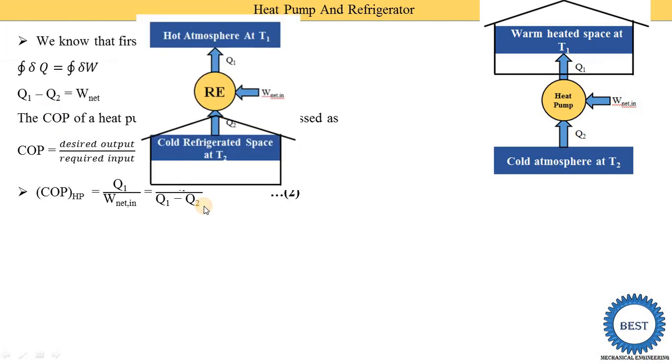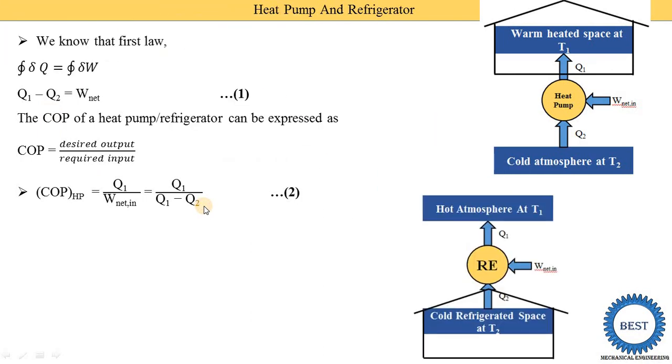Next we find the equation for the COP of refrigerators. Here you see the diagram of the refrigerator. The function of the refrigerator is cooling, and the cooling is done in this bottom part, on a sink. Here Q2 quantity of heat is absorbed, so this Q2 is our output. And what is the input? The input is the same, W net.